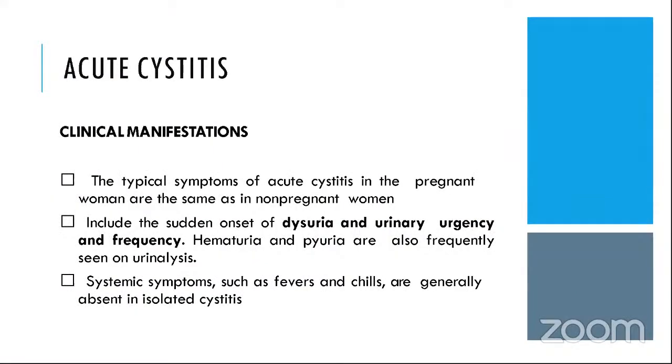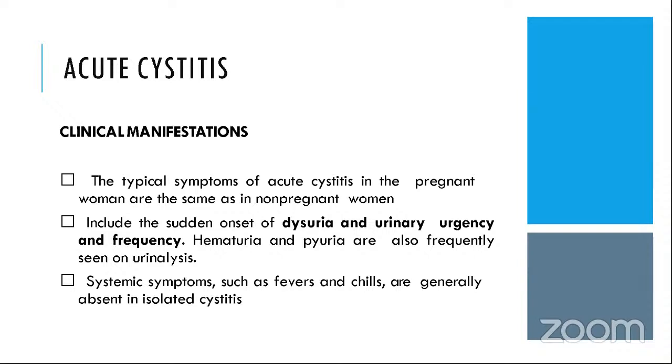The clinical symptoms and signs of acute cystitis. Typical symptoms of acute cystitis in pregnant women are the same as in non-pregnant women. They include dysuria, urinary urgency, and frequency.